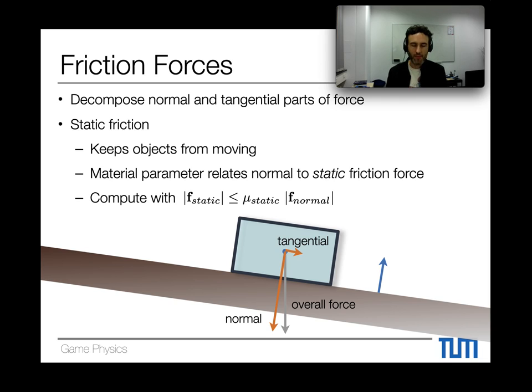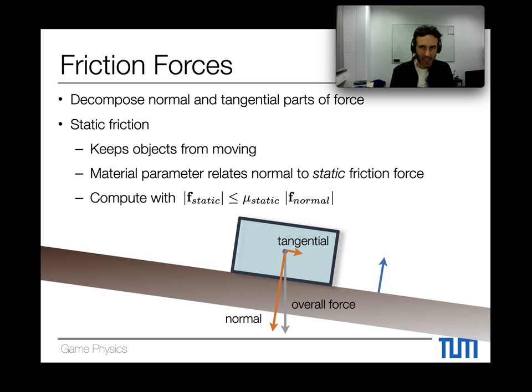But in general, we can typically approximate it with a single parameter, mu static for the static part. And here we have this inequality, a factor that limits the amount of static friction that I get along the normal direction.